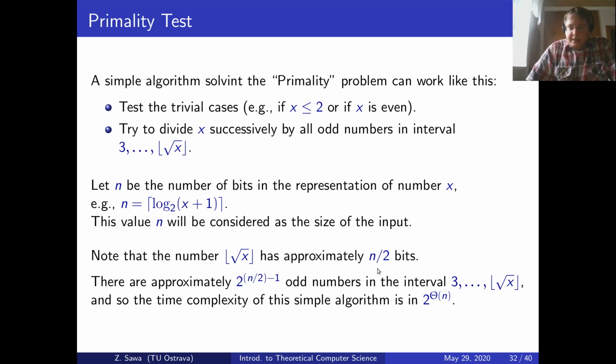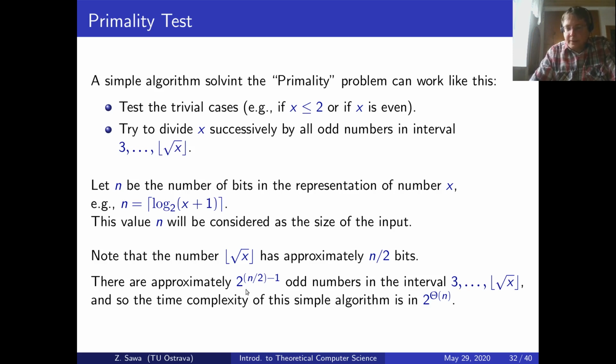If we had some big number, maybe with thousands of bits, then its square root would have maybe 500 bits. So basically the time complexity, we would take just half of them, but again it would be just some constant difference, not very big.